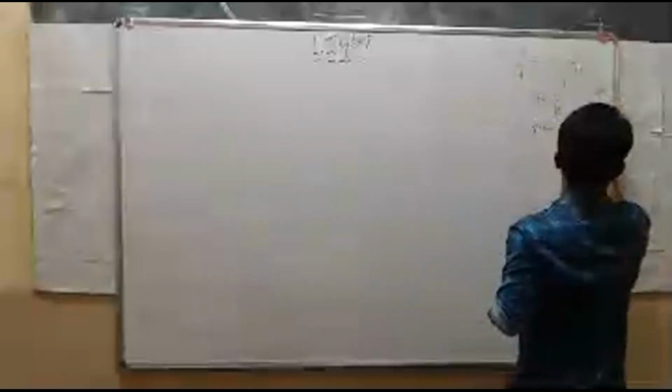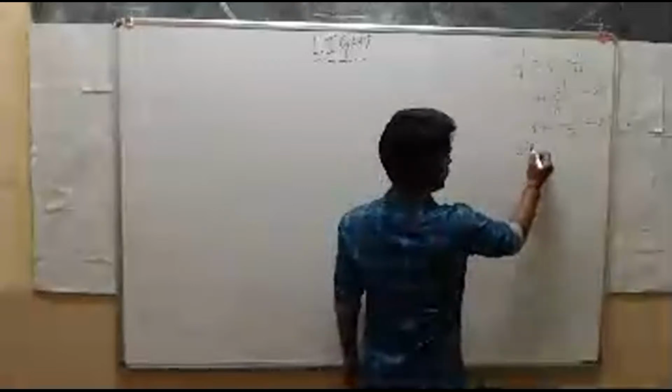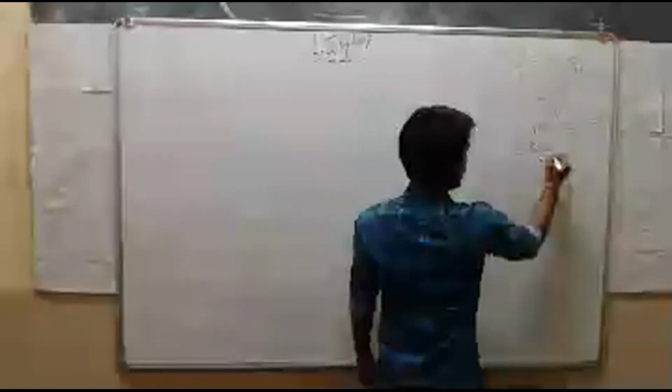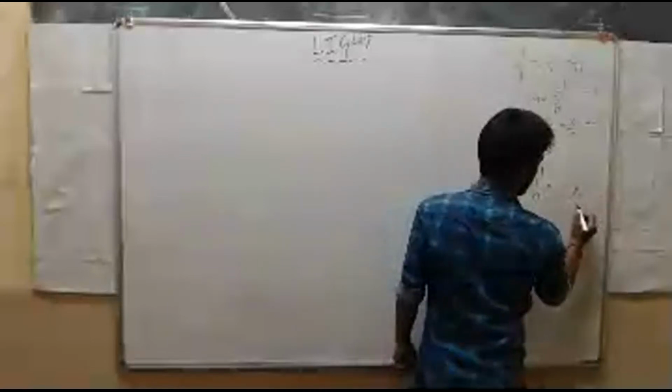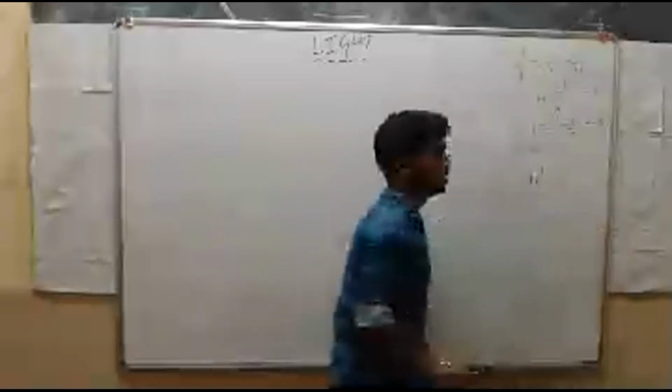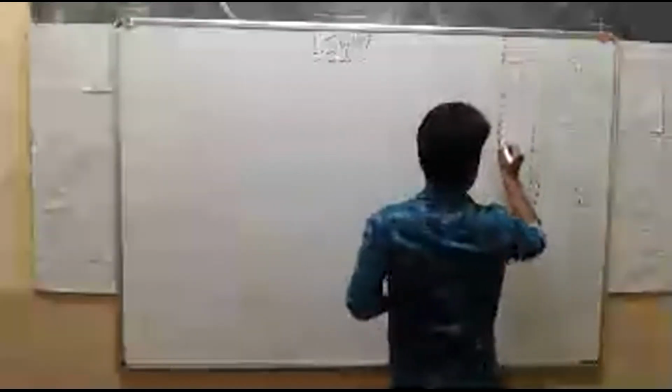So now can I write this equation as 1 and this equation as 2? By combining 1 and 2, we can write h dash by h is equal to minus v by u. These formulas are very important for solving the problems.